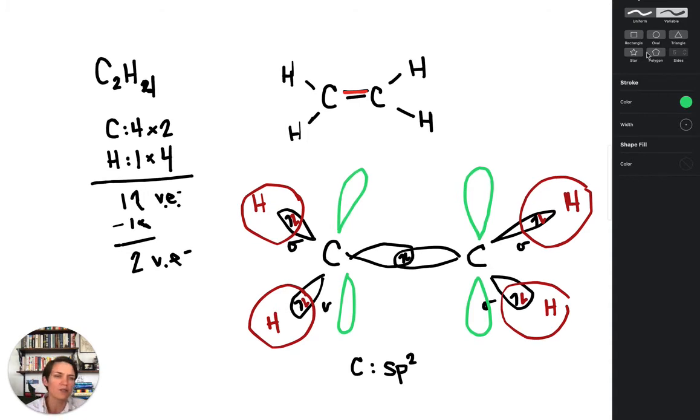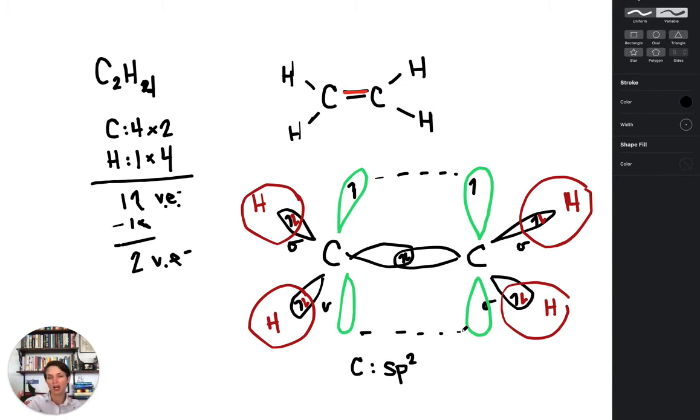Each one of those unhybridized p orbitals is going to be home to a carbon electron, and they are associating with each other not in a head-on pattern like we see with those sigma bonds, but instead parallel to each other.